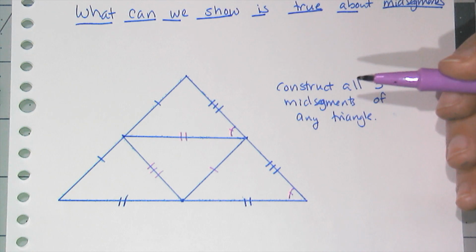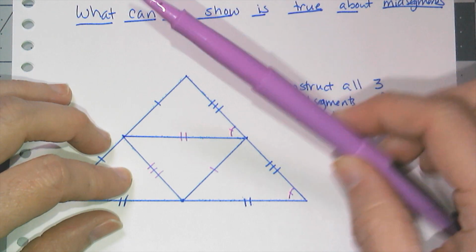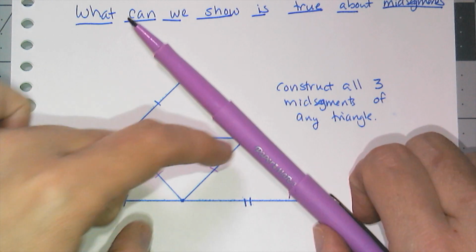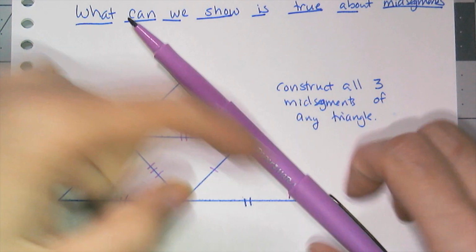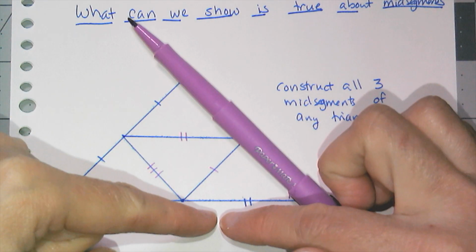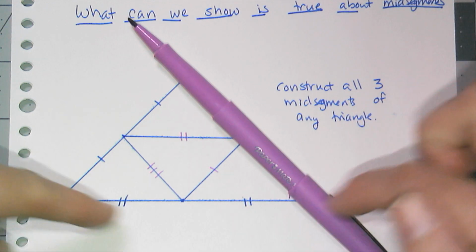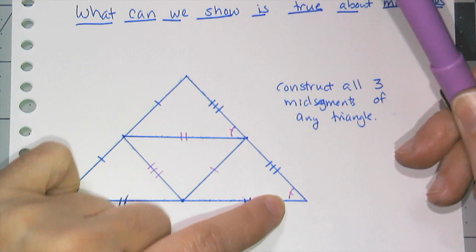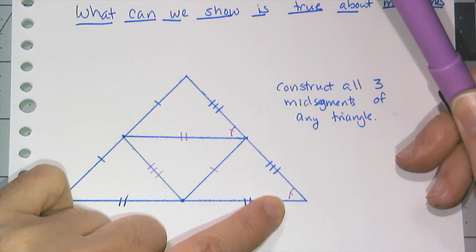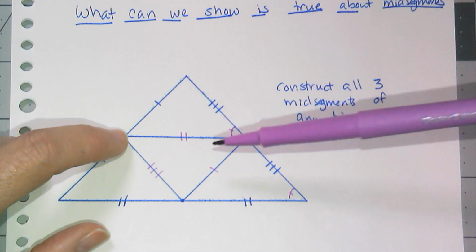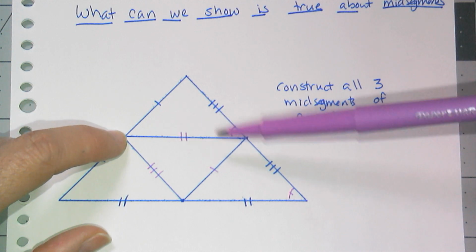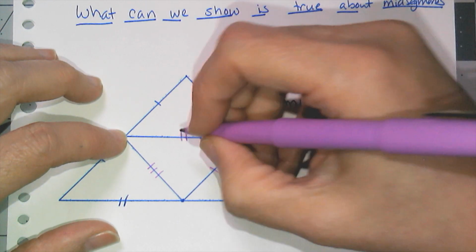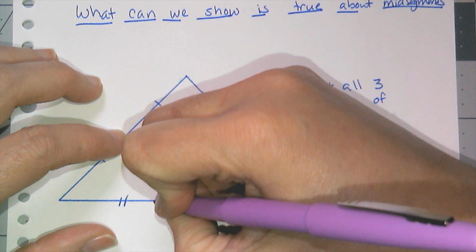Oh, hey, wait a minute. If I think of this side of the triangle as a transversal, and these two lines here, this midsegment and this side of the triangle, as being two lines, the fact that these two angles are corresponding and congruent means that this midsegment has to be parallel to that base. So I can draw parallel markings there and there.